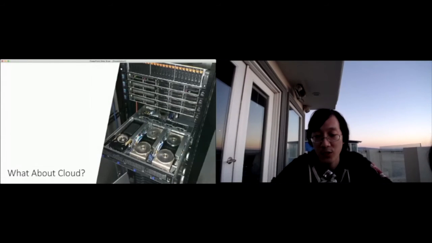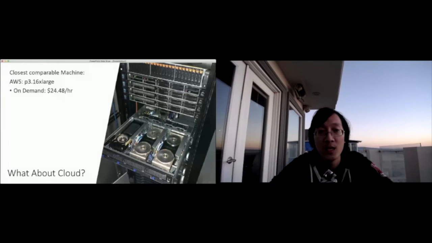A big question people often ask me is, what about cloud? The closest comparable machine on the cloud would be an AWS P3 16xlarge, which on demand is about $24 an hour. Even if you use spot instances, you maybe cut it in half to about $10 an hour. The key thing is training these models is actually quite expensive because it takes us about 7 to 10 days to train, which means every individual model costs us somewhere between $3,000 to $4,000.